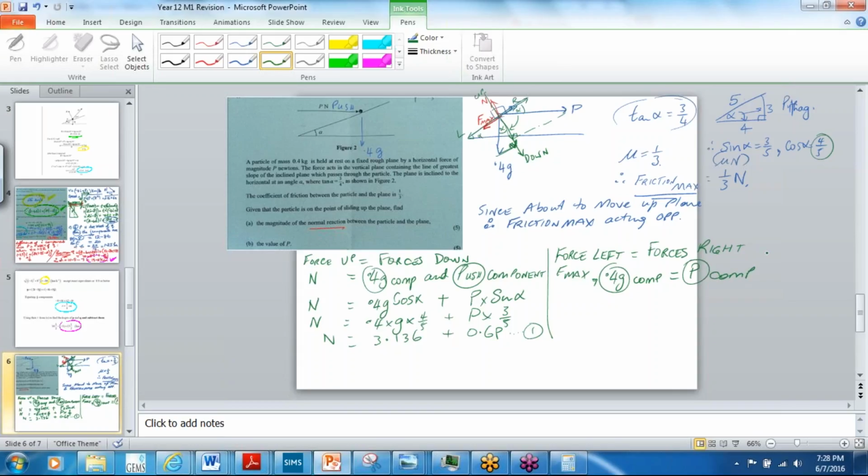All right. Here we've got the maximum force, and we've worked out the friction to maximum is 1/3 N. So let's make this an equation. 1/3 N for the friction force. 0.4 G cos, what's that angle? Down the plane. It's this angle here. So if it's not going through alpha, rather than cos, we can say sine of alpha.